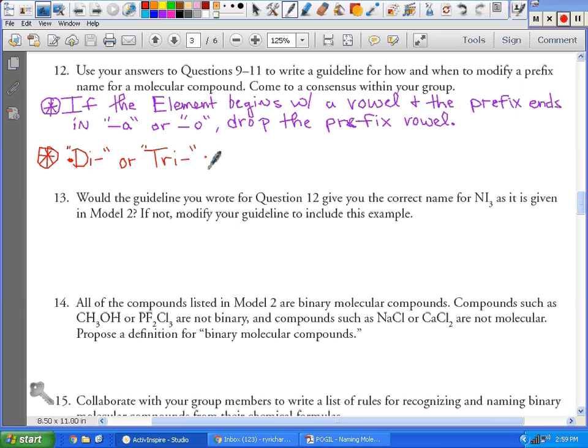So those are the two rules. If you have something similar to this, then you're fine. But if you don't have anything, this is the rule that you need to make sure that you know.